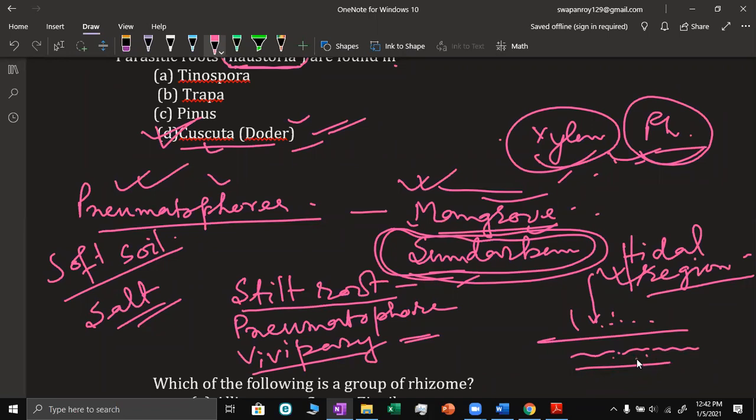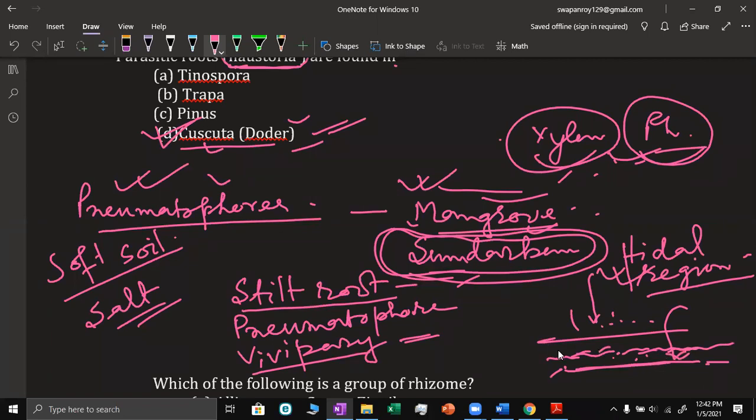So for germination, what is required is oxygen for respiration, and during the time of germination respiration rate is very high, and for that they need oxygen. But in this tidal zone, as soil is covered with water always, there is no air in the soil. So if the seed or fruit falls here, they will not germinate.